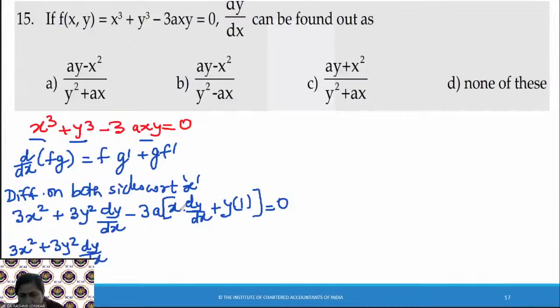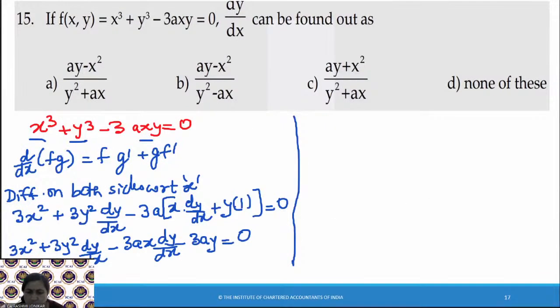So this is equal to 3x square plus 3y square dy by dx minus 3ax dy by dx minus 3ay is equal to 0, because this minus sign will multiply into the bracket, right? As you can see, there is 3 common, so I remove the 3 because all terms contain 3.